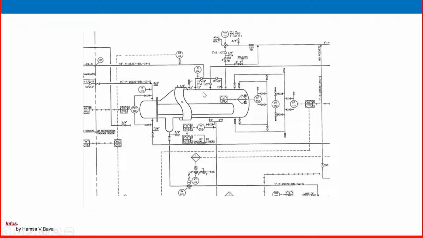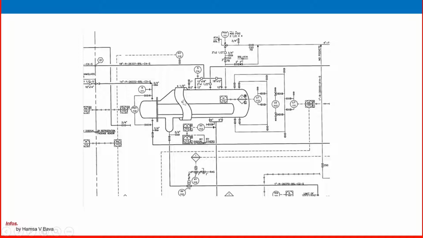So this is one of the P&IDs, but in it there is not much control available here. But one important controlled process variable, in this kettle type reboiler, is the level. There is a heating coil on the tube side, but here we are maintaining a level.